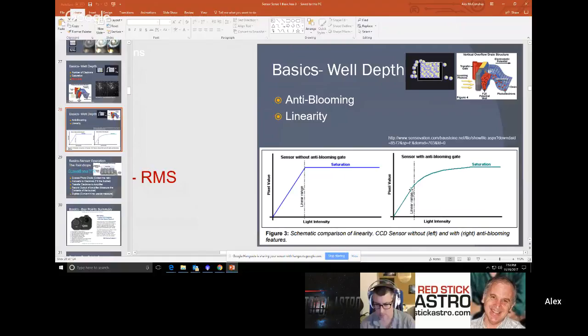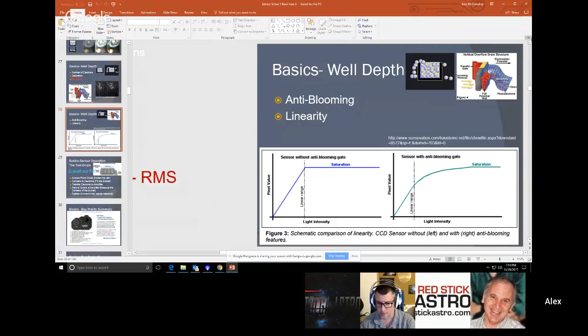It's linear up to here. And so you want to be sure that your flats that you're taking are down in the linear range. That means below whatever point this is. And this point in a modern anti-blooming gate sensor is probably up in the 40s or 50,000s. So it can get up there pretty high before it goes non-linear. That's why we say keep your ADUs down to about 30,000.